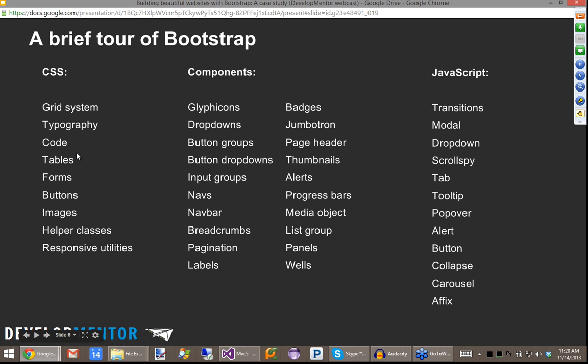It's got some cool highlighting if you have inline code, not in the executable part of your app, but if you're trying to show code, like if you're doing a blog and you're talking about programming and you want to say, I used this code and something happened, there are ways to style that with Bootstrap. There's tables. Tables are a little bit passé in web design these days, but Bootstrap does a really nice job with them.